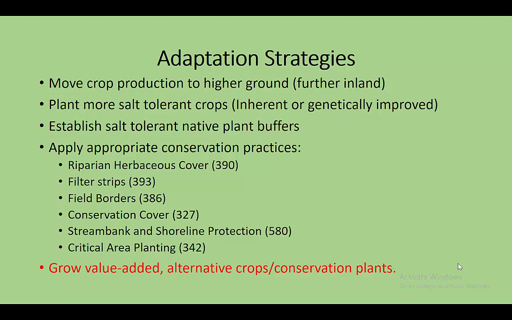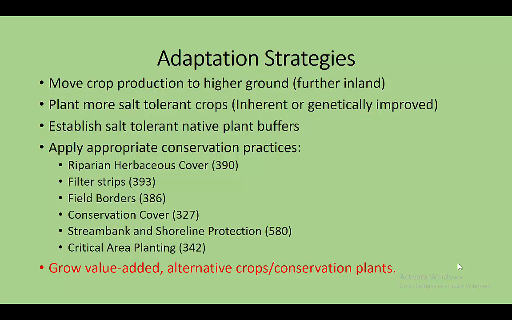Some of the adaptation strategies are, obviously, you can abandon those lower lying flooding areas and move your crop production a little bit further inland or to higher elevation, or plant more salt tolerant crops, whether they're inherently salt tolerant or whether they've been genetically improved. There are efforts out there to genetically put salt tolerance into crops. Another is establishing salt-tolerant native plant buffers, which is the area that we focus on at Cape May at our Plant Materials Center, which I'll talk a little more about as we go through this presentation.